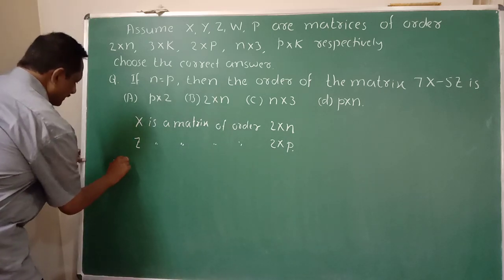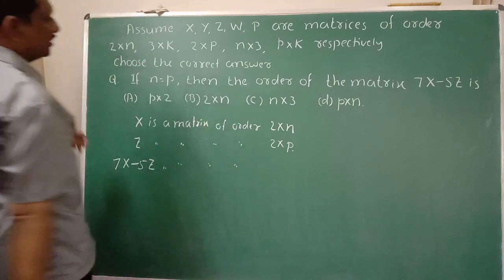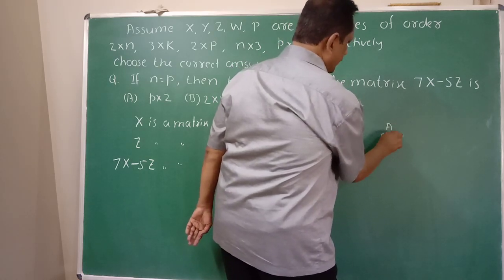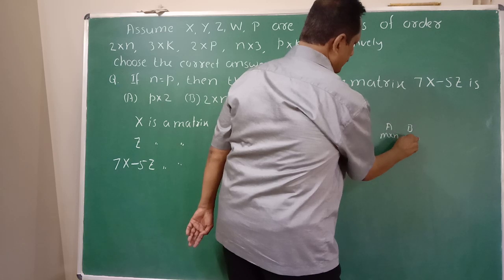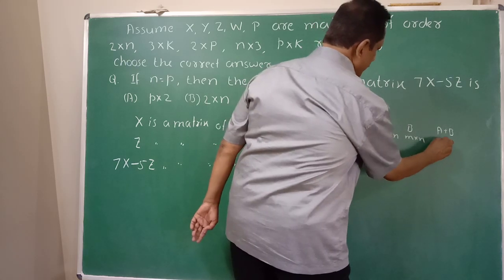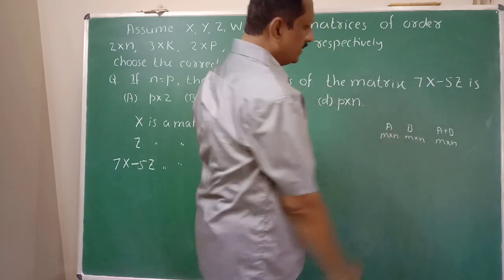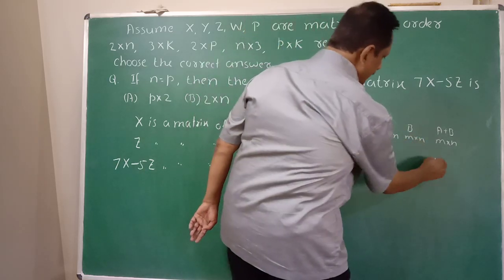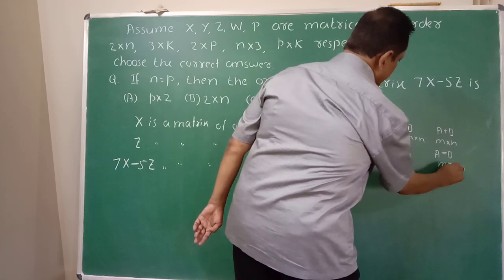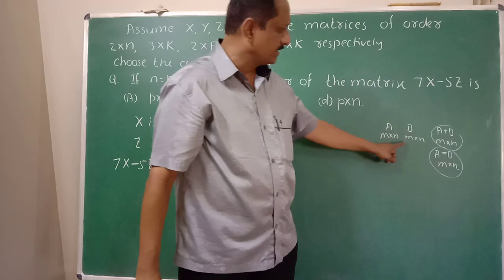So 7X minus 5Z is a matrix of order, you know that, suppose A is a matrix of order M into N, B is a matrix of order M into N, then A plus B is defined, and its order is M into N. Similarly, A minus B is defined, and its order is again M into N. So addition and subtraction are possible only when they have the same orders.